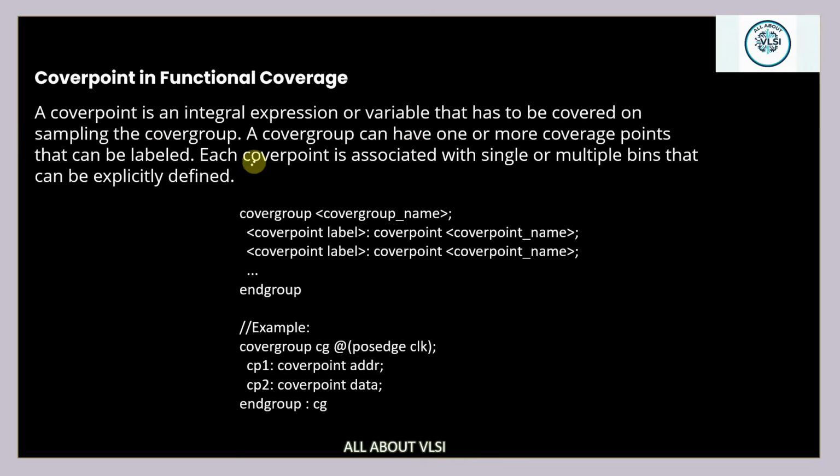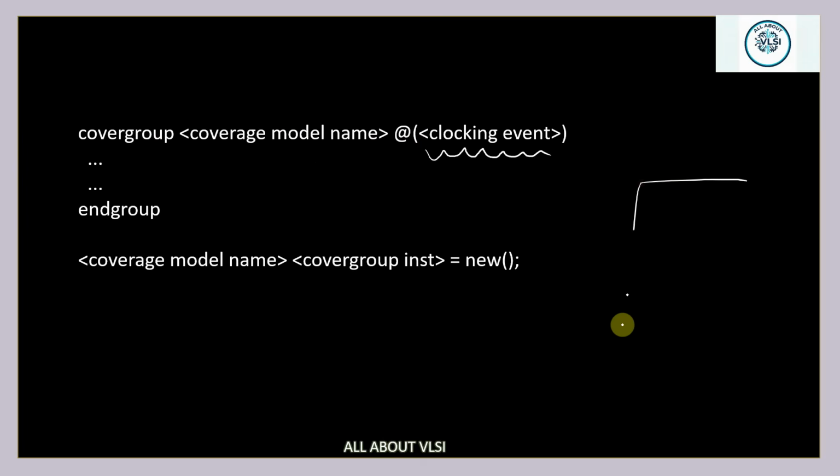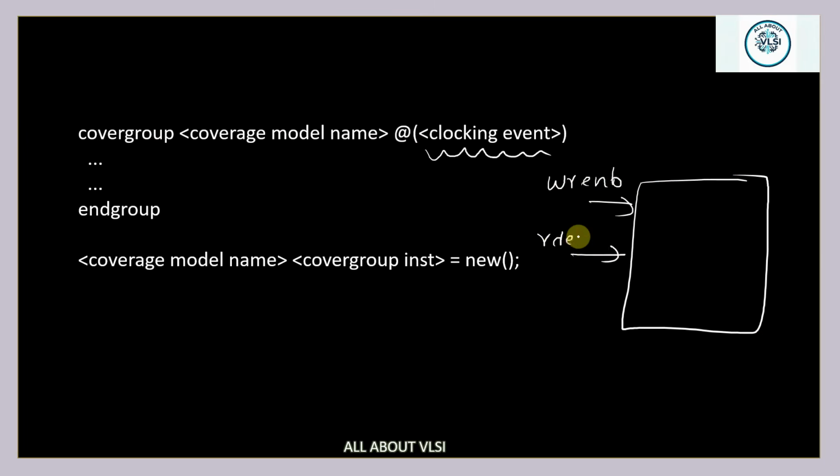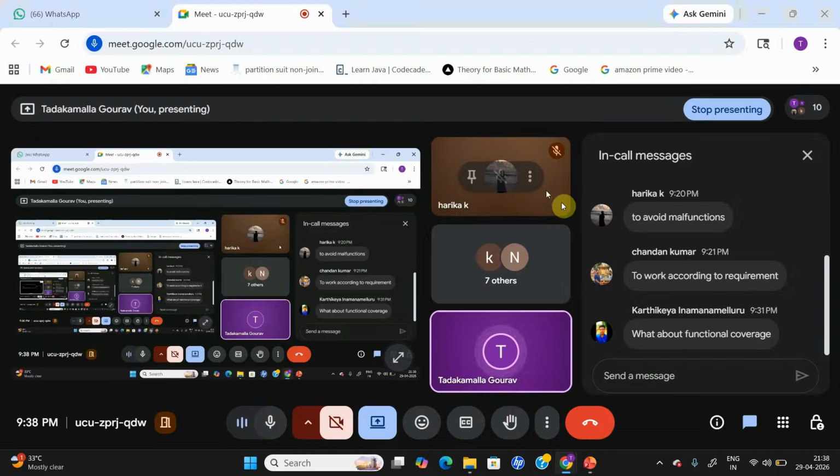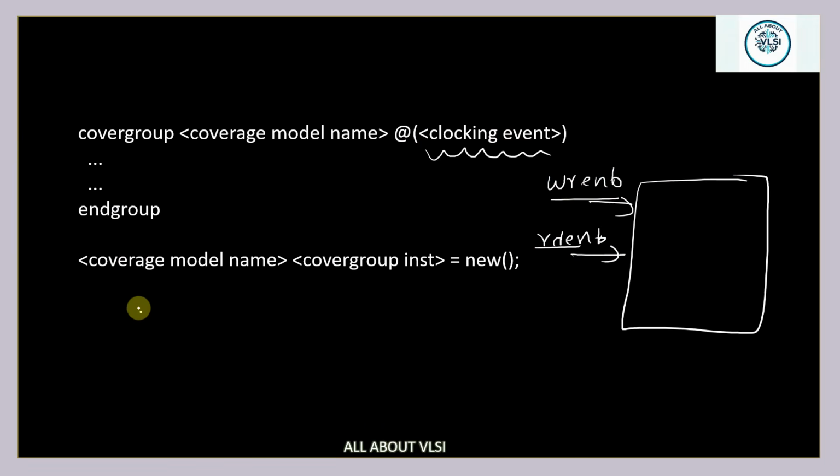Now, let's see about the cover point. Suppose I have a design, and this design has write enable and read enable. These are the two inputs for my design. I need to make sure that each of them is given both values from my test case.